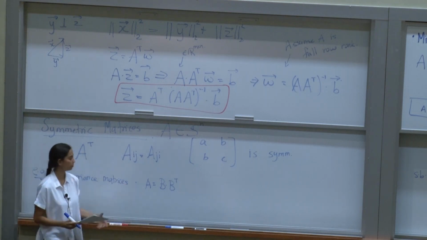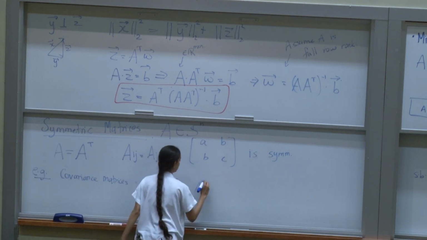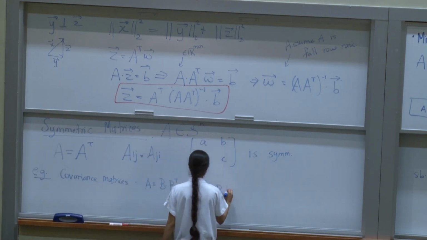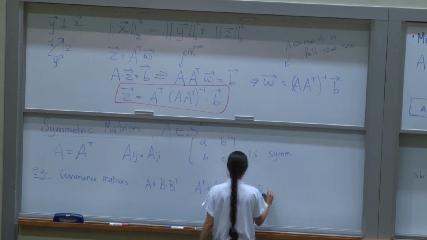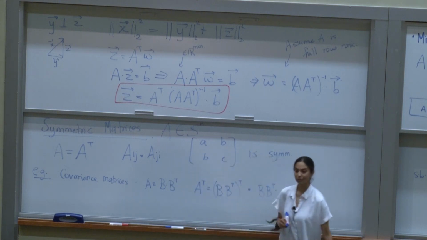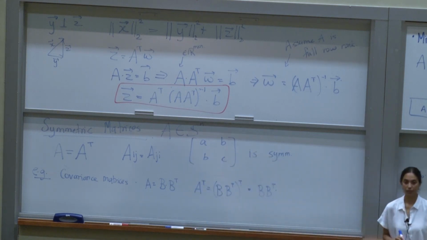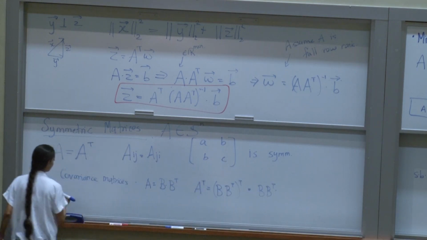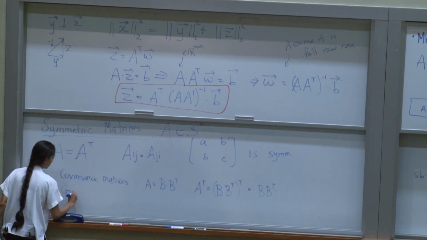Because when I take the transpose of this, it's going to be B B transpose, which is going to be B B transpose again. So covariance matrices are a good example. Another example is graph Laplacians.